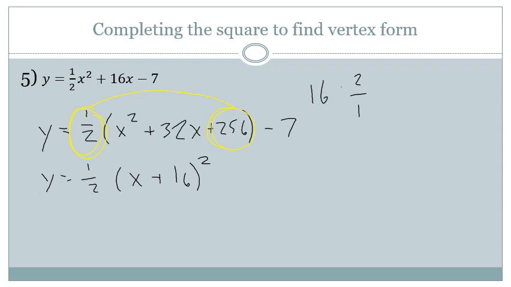So we actually added 256 times 1/2. So that's 128. So we now have to subtract off 128. Okay? So now negative 7 minus 128 is going to leave us with a negative 135, and there is our equation.